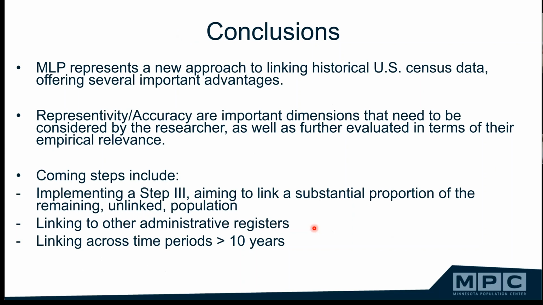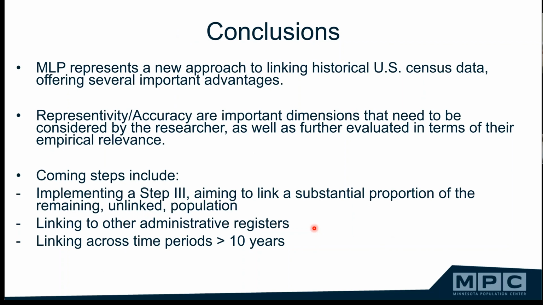This has been a very brief introduction to the MLP method, which I hope you agree represents a new approach to linking historical U.S. Census data. I think it's fair to say that it offers several important advantages.